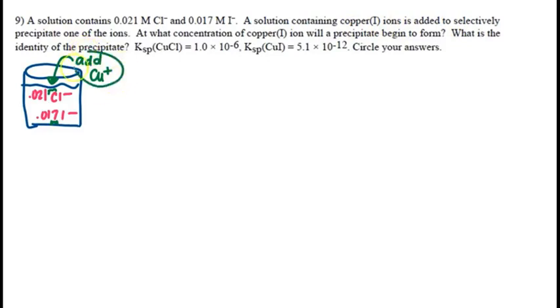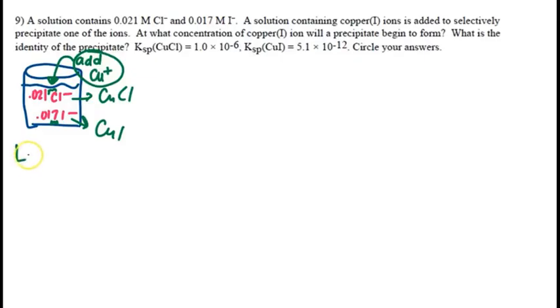So if I'm adding Cu plus ion, that means I'm going to be precipitating either CuCl or CuI. And selective precipitation just means that we're separating these ions based on their solubility. So when it comes to solubility, we're asking a couple questions.